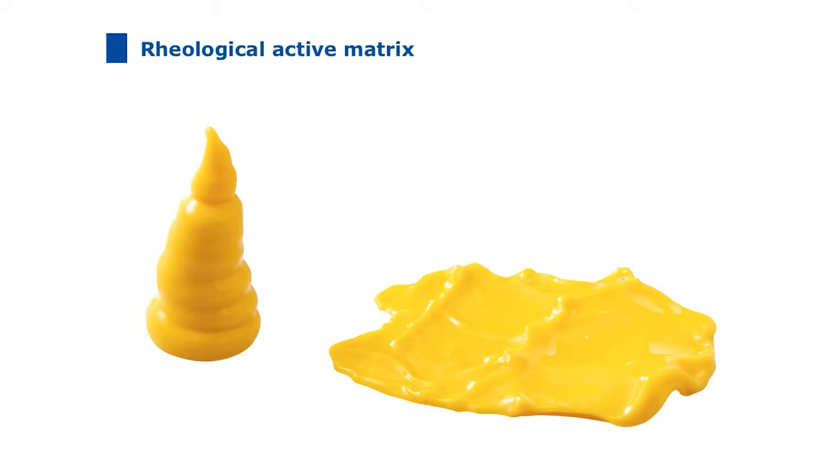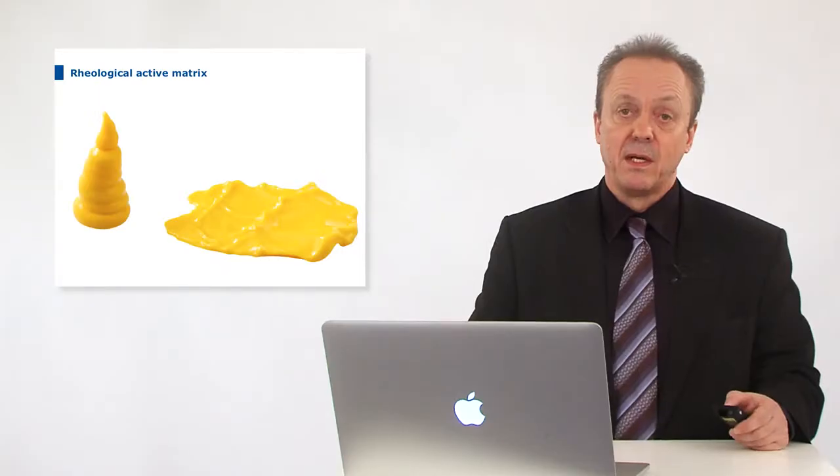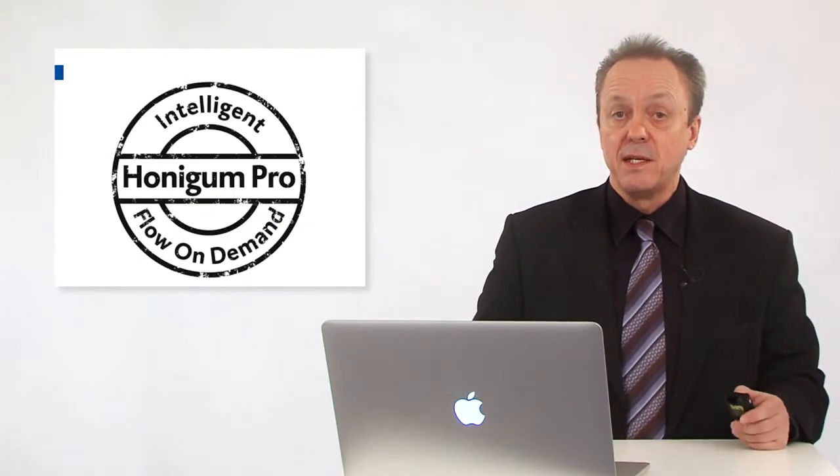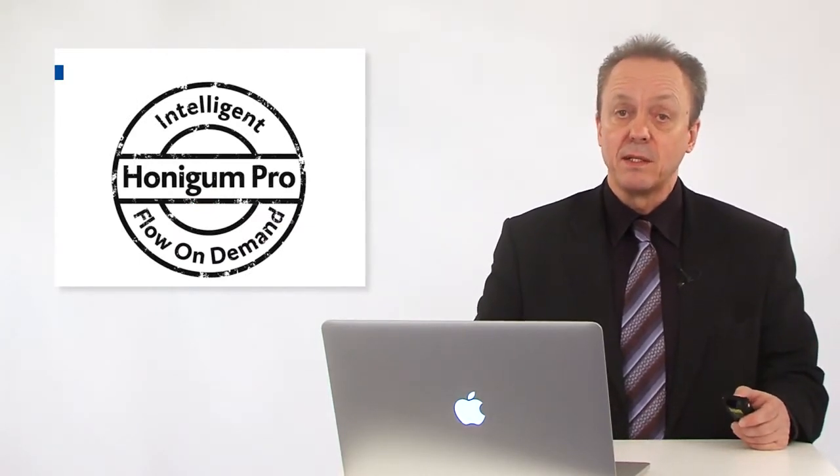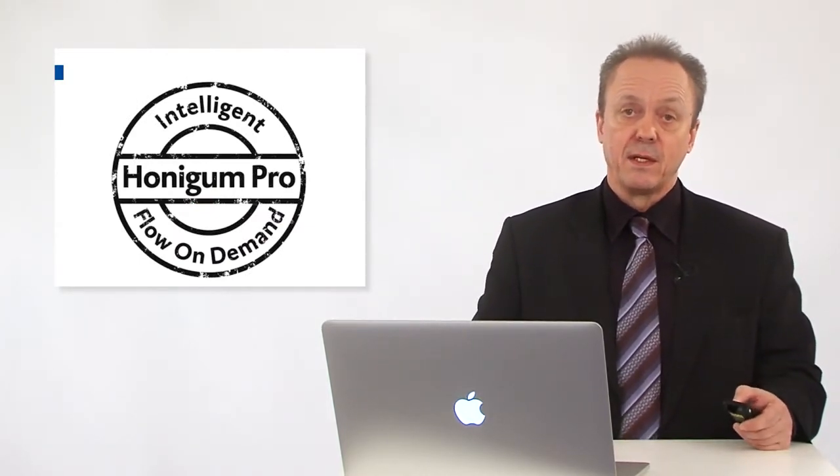This is done to ensure excellent mechanical properties in flowability and stability, which the dentist can even feel during the treatment. The material itself knows when it has to be stable or where it has to flow. Honigum Pro features intelligent flow on-demand characteristics.